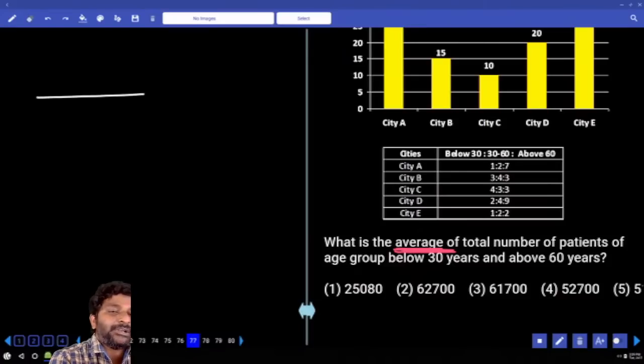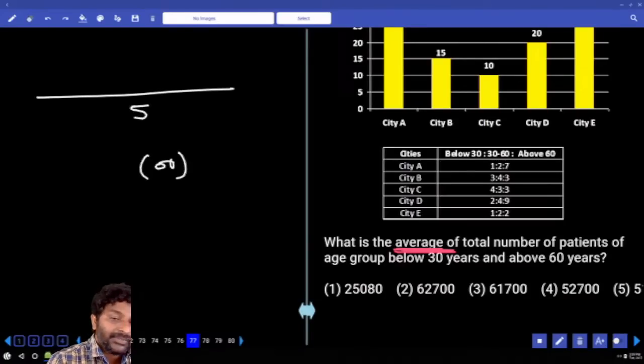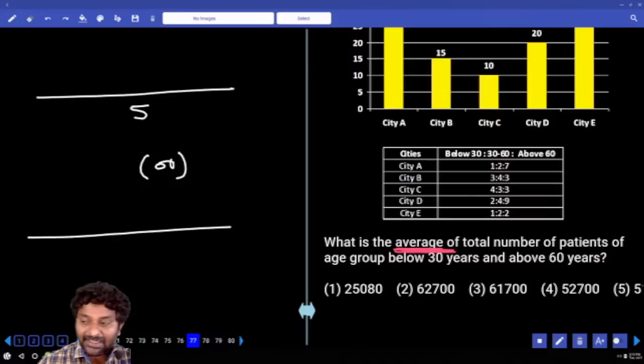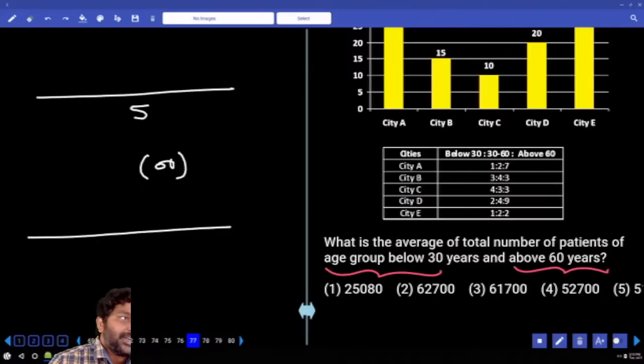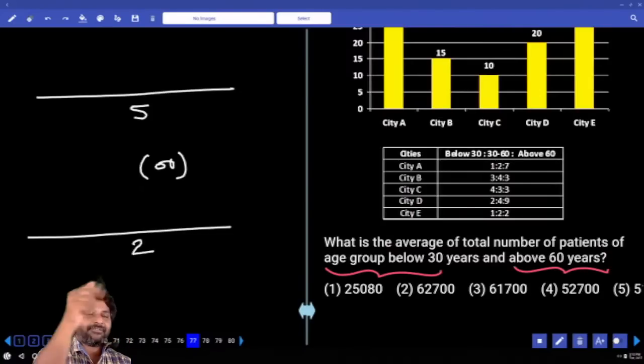So is it total divided by 5, or total divided by how many categories we want? Age below 30, above 60. Do we have to write denominator 2? Either 5 or 2? 2 is right.